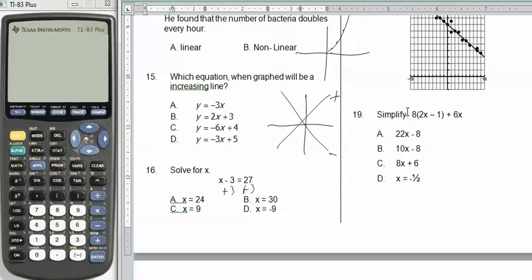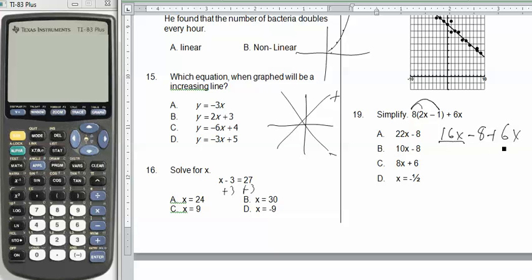So if we simplify this one, we distribute. So that would be 8 times 2 is 16x. 8 times negative 1 is 8. Then plus 6x.